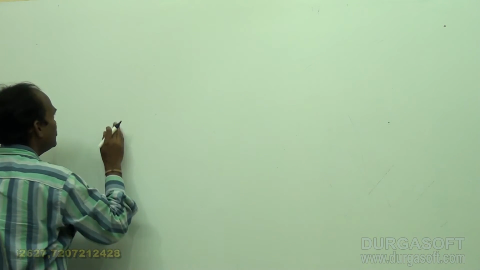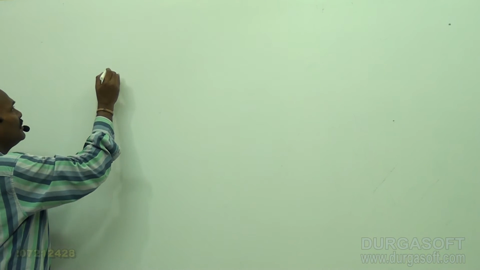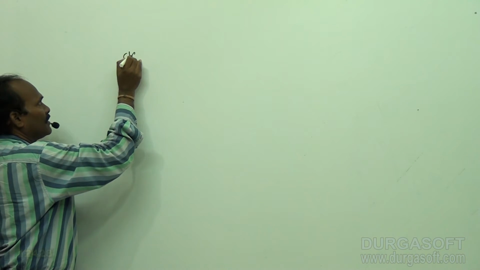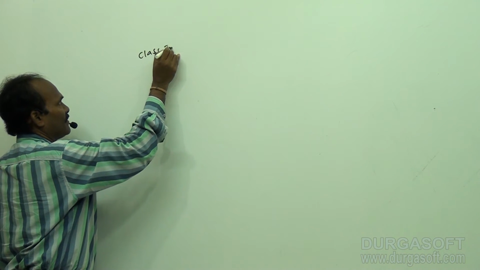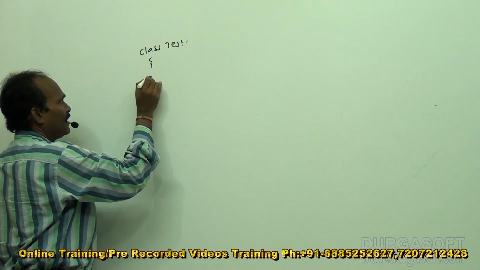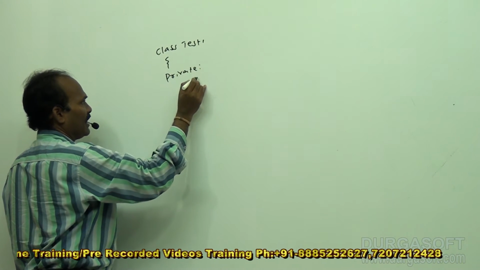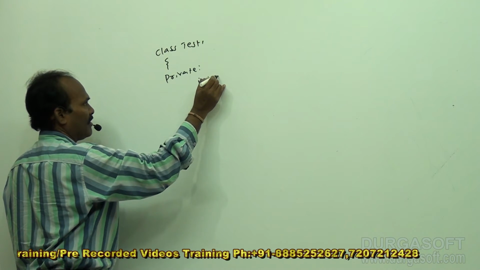Suppose one class test1 is there. Test1, here in the private section, I will declare one variable.